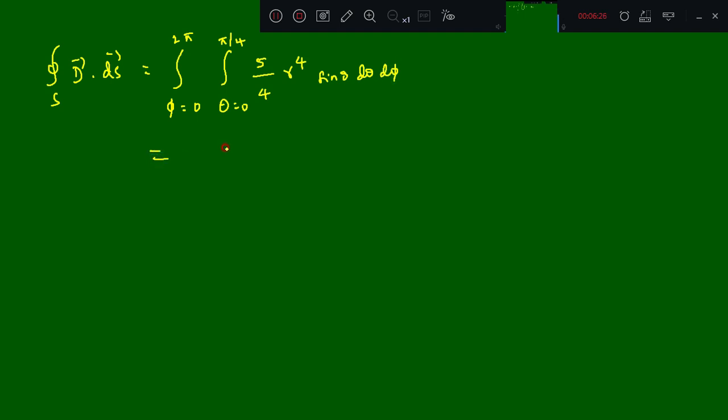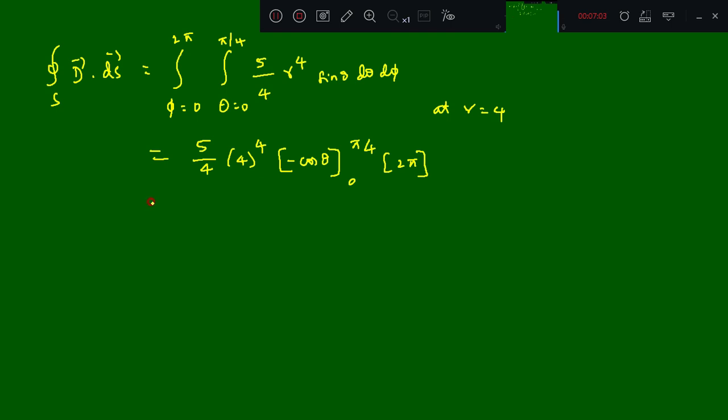So what value are we going to get here? 5 by 4 remains as it is. Then at r equal to 4, so it is 4 raised to 4. Then integration of sin theta is minus cos theta, it is 0 to pi by 4. Then phi is 2 pi.